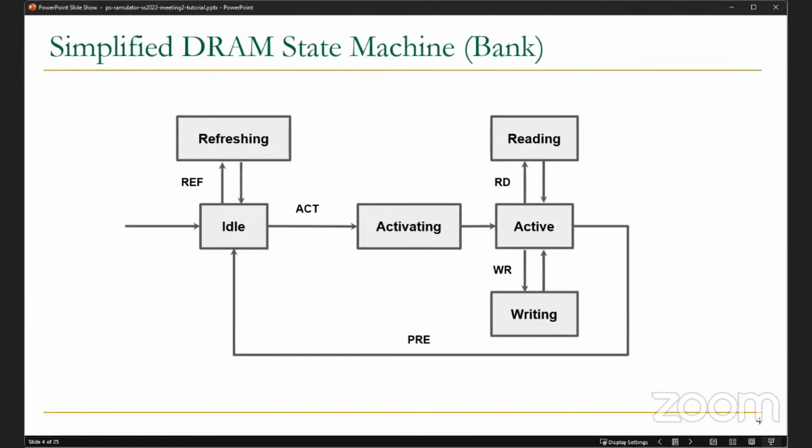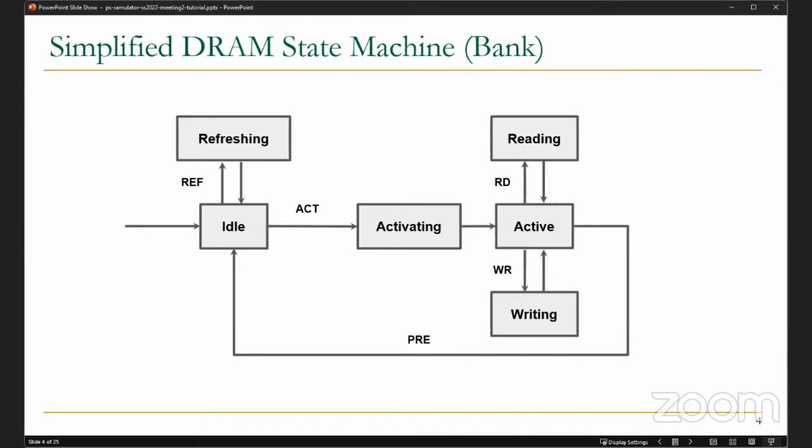The core of Ramulator is built around the DRAM state machine, and as various DRAM standard documents like those from JEDEC, the DDR series standards, have shown, the functionality of DRAM is indeed modeled by a state machine.